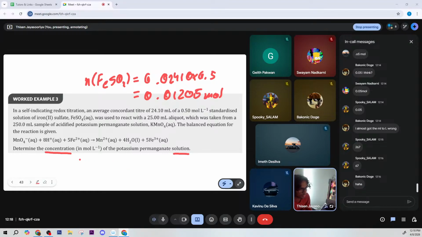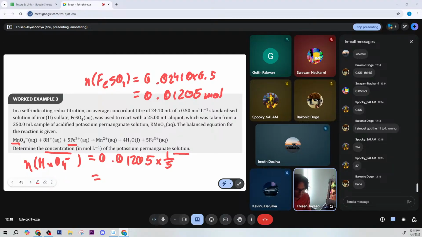Now we're going to use our molar ratio. We see that there is a 5-to-1 molar ratio. So n of MnO4, which is our permanganate, which is what we're trying to find, is going to be 0.01205 times 1/5, which is the unknown over known.